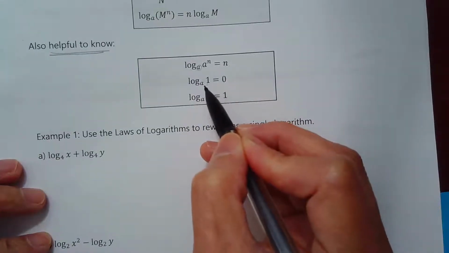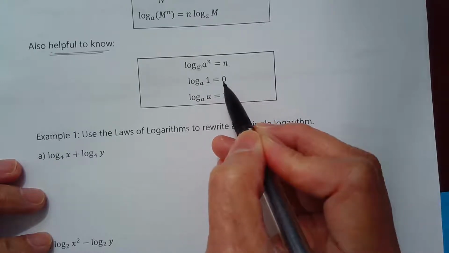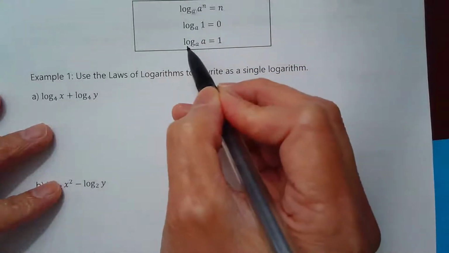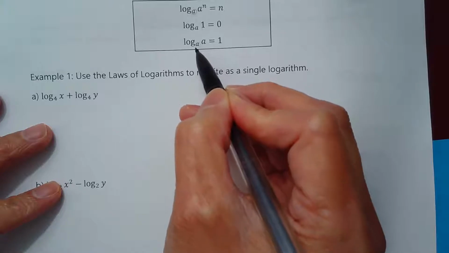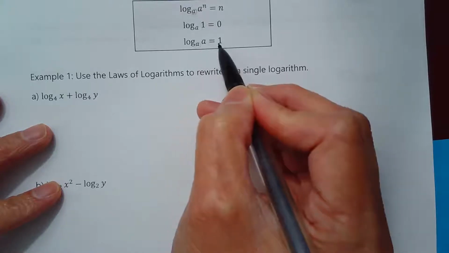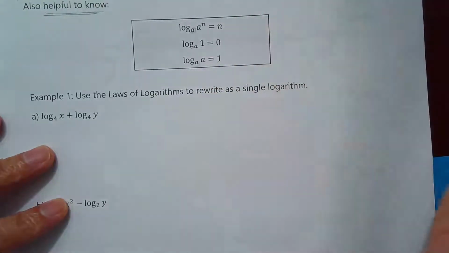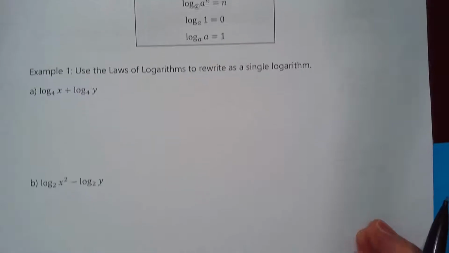Well, a to the power of 0 is 1. And then here, what exponent do I need to apply to a to get an a? Well, it's 1. So these are things that are helpful to know. And we're going to use that later on as well.